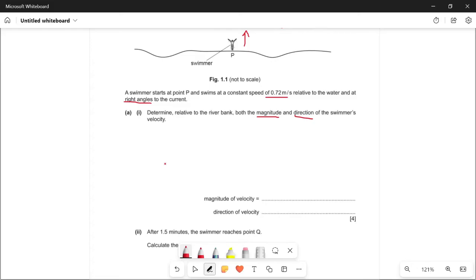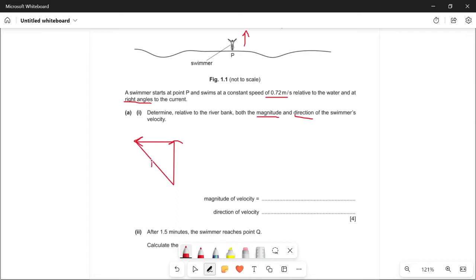So to determine the swimmer's magnitude, we know that they are at right angles, so we can draw a right angle triangle. This is going to be the swimmer swimming upwards, and we have the river current, which is towards the left, and then that means the resultant force is going to be this direction, diagonally upwards.